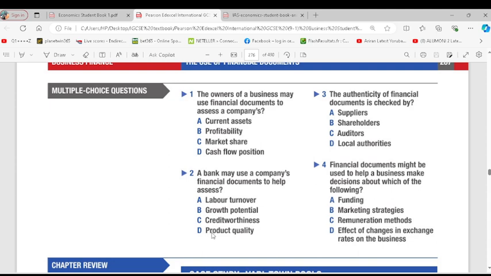C. Creditworthiness. What is this? The ability to pay back for the creditors, right? Okay. That's creditworthiness. That means you are being given a credit. And D. Product quality.